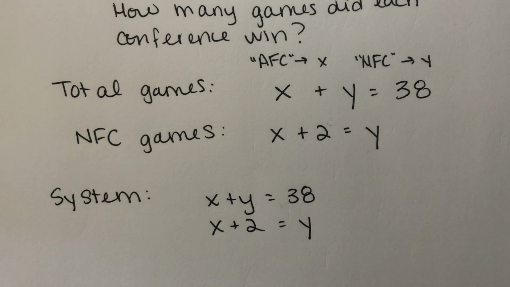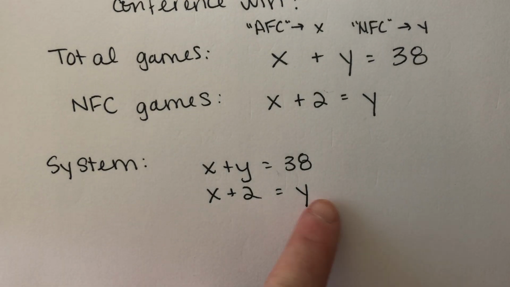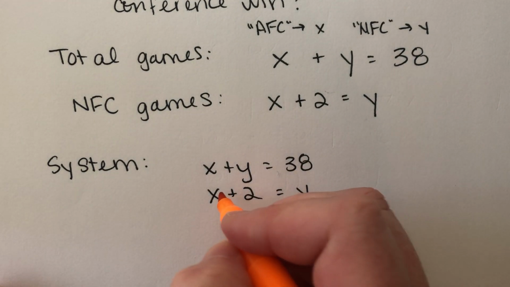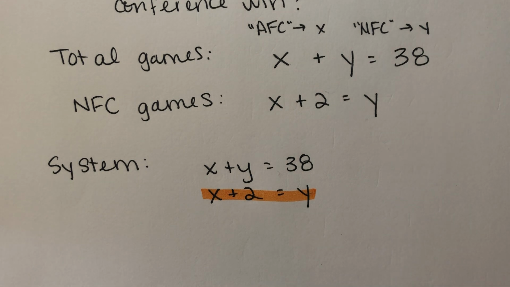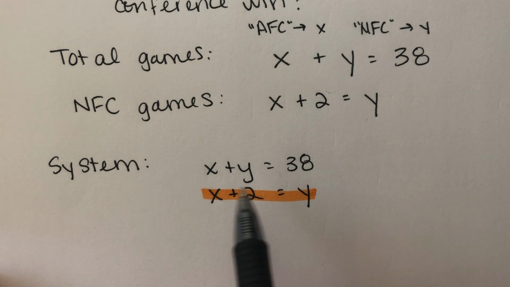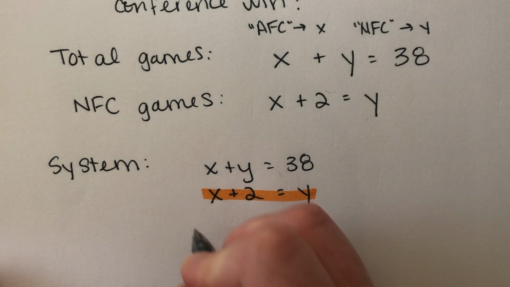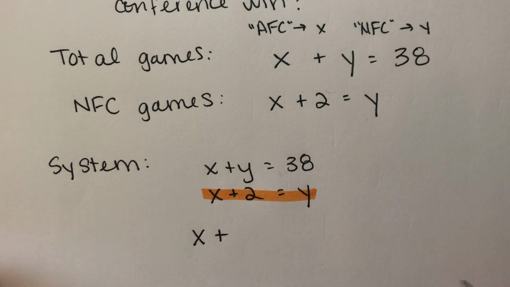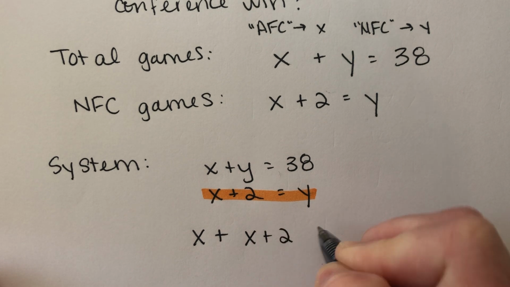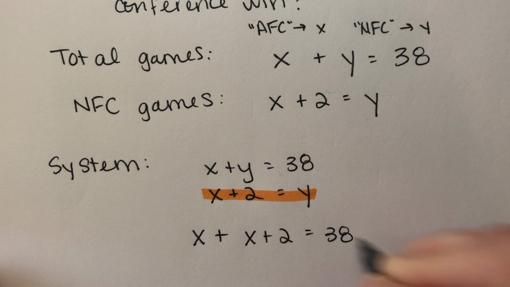Now, remember in substitution, we are going to use one equation as our tool. So we're going to use this bottom guy as our tool, and we don't even have to rearrange anything here. Y is all by itself. So this one's our tool, and we're going to plug it into that top equation. So wherever I see a Y in the top equation, I'm going to replace it with X plus 2. So X plus Y equals 38.